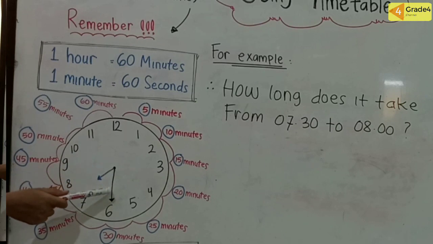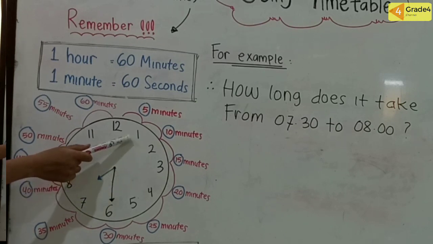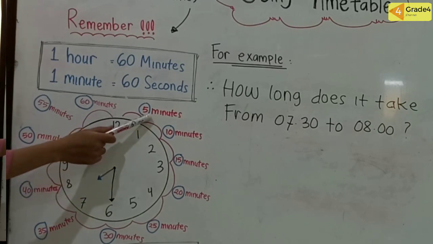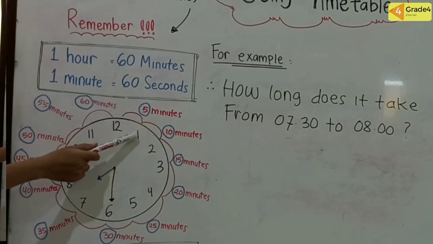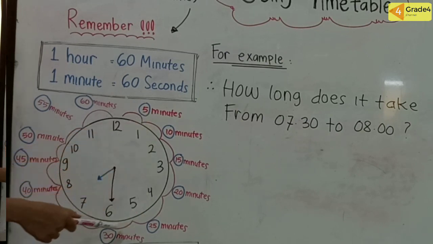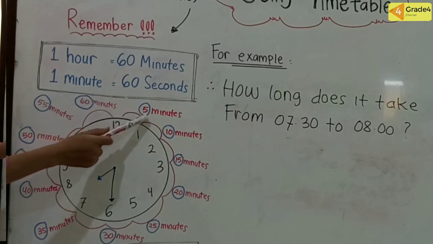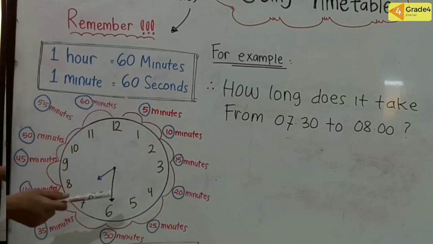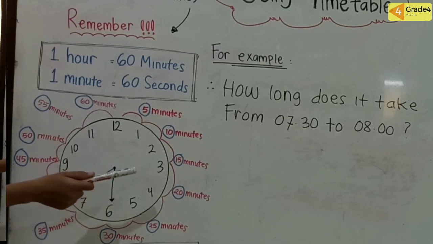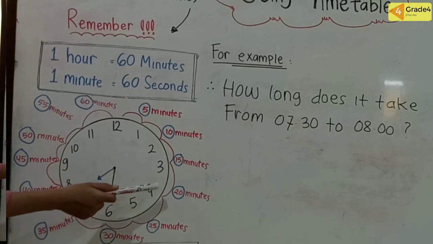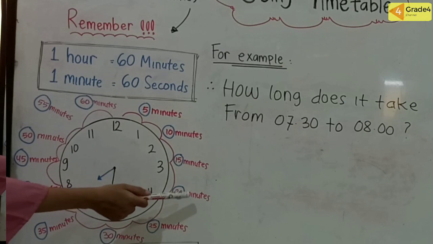If the long hand points to number 1, it means 5 minutes. From number 1 to another number, we count by 5. For example, if the long hand points to number 4, it means 20 minutes.